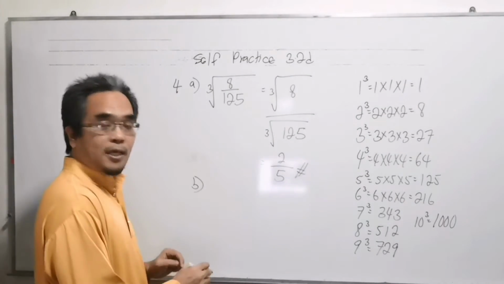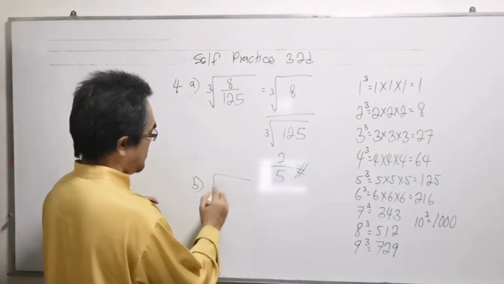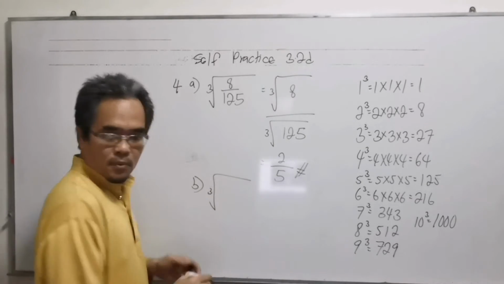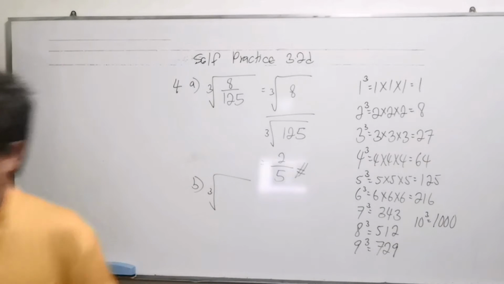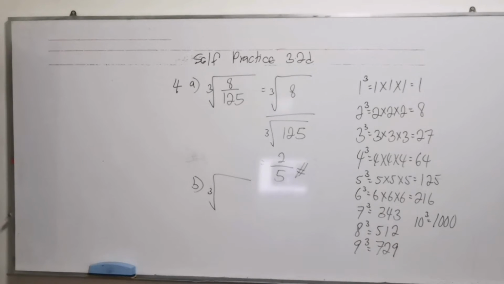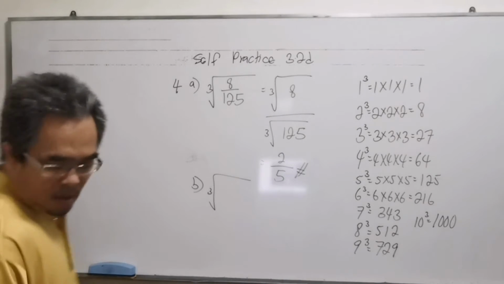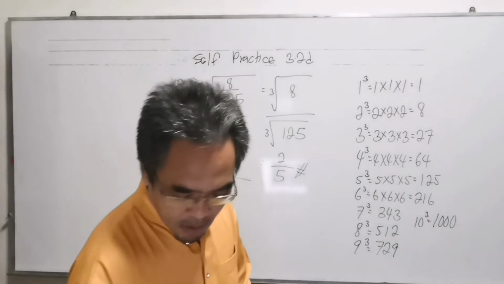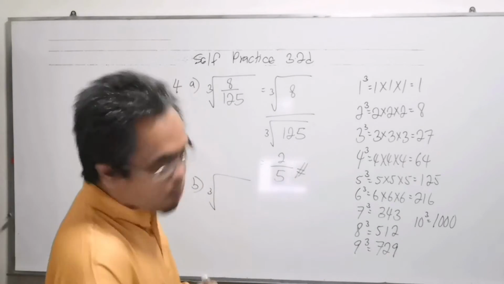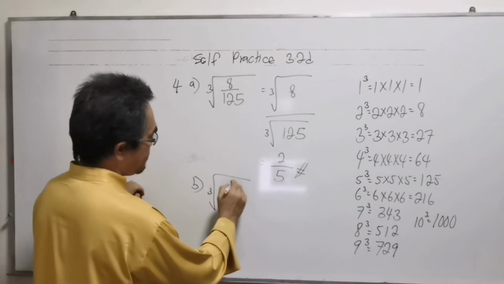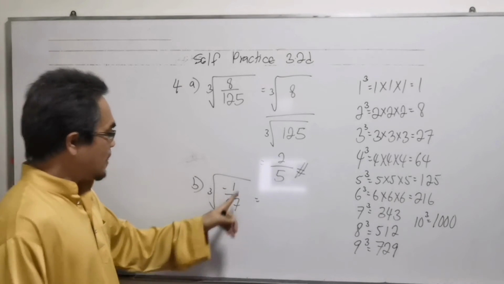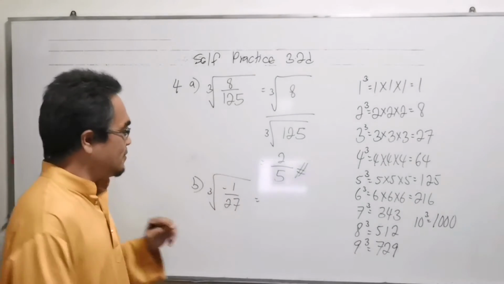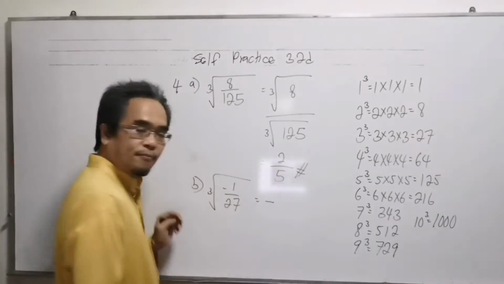The cube root of negative 1 over 27. Because the question is negative, the answer is also negative.